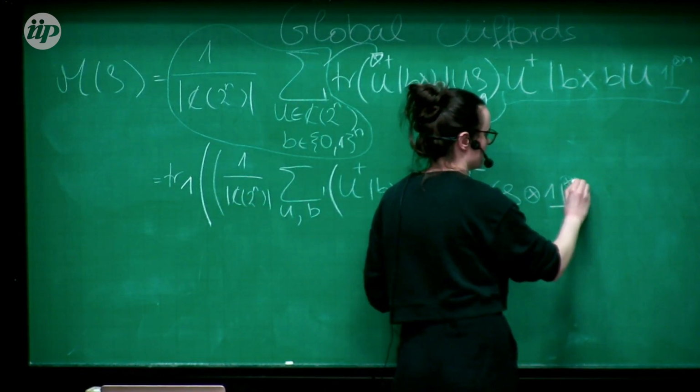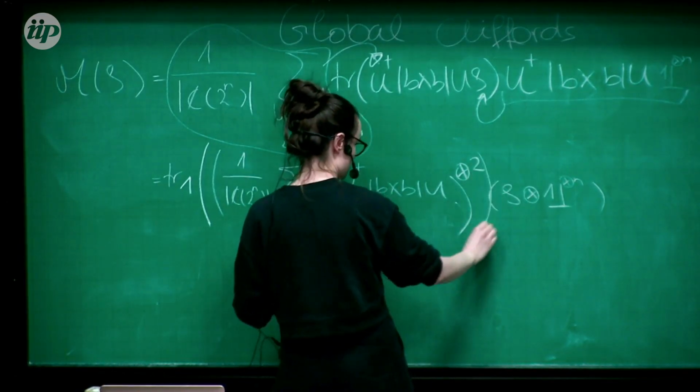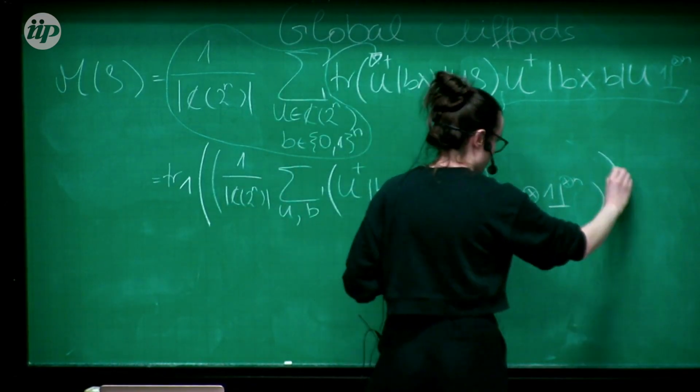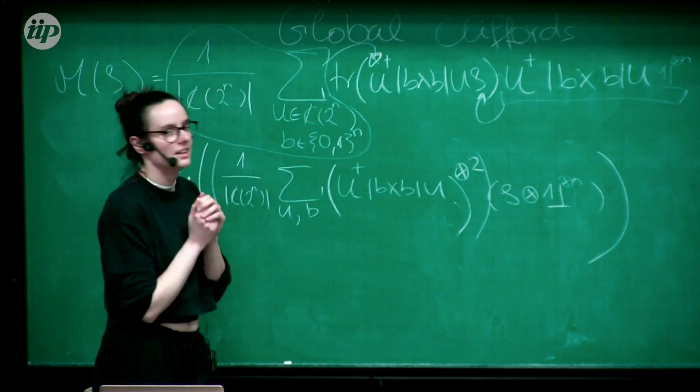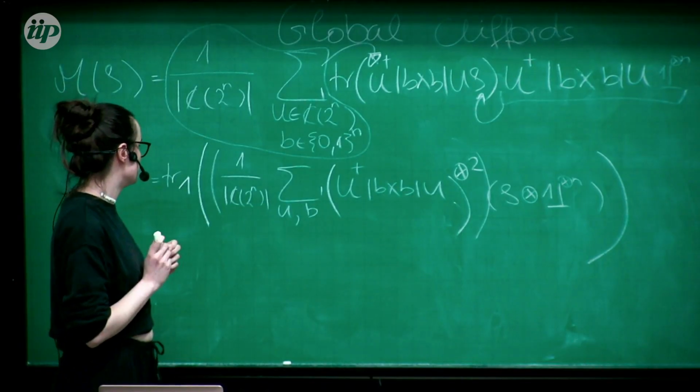So I write that as this, and we need to close this bracket and then this bracket. This looks familiar, right? We had the same for the local Clifford measurement.